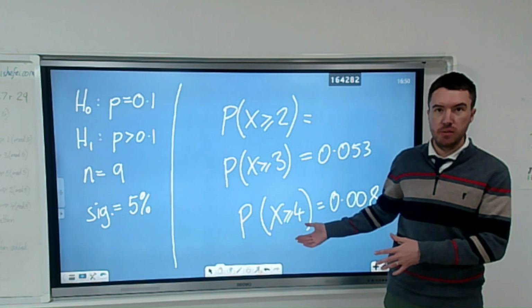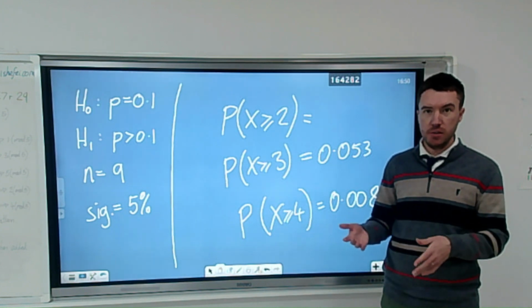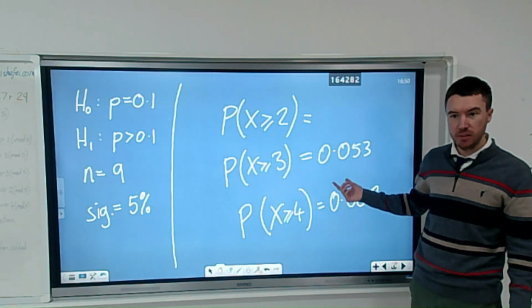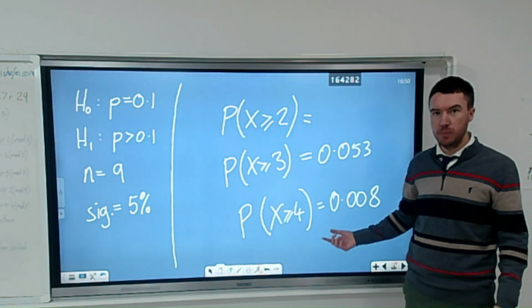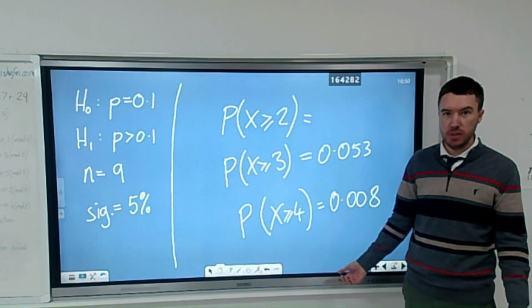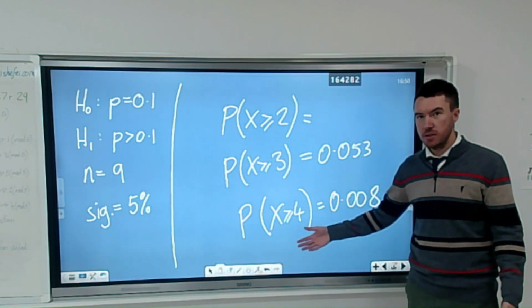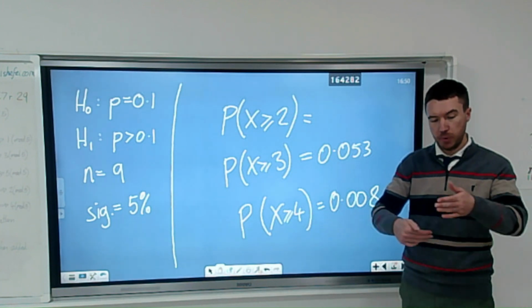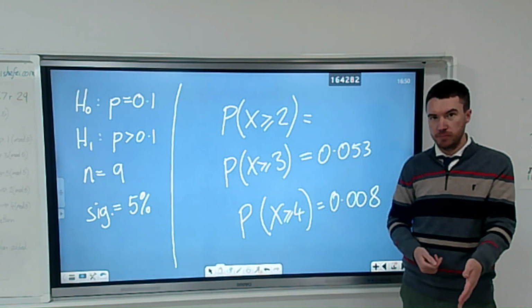Let me get these answers. The chances that it knocks down at least 3 fences is just over 5%. The chances that it knocks down at least 4 fences is very small, less than 1%. So 4 fences is the boundary of the critical region.